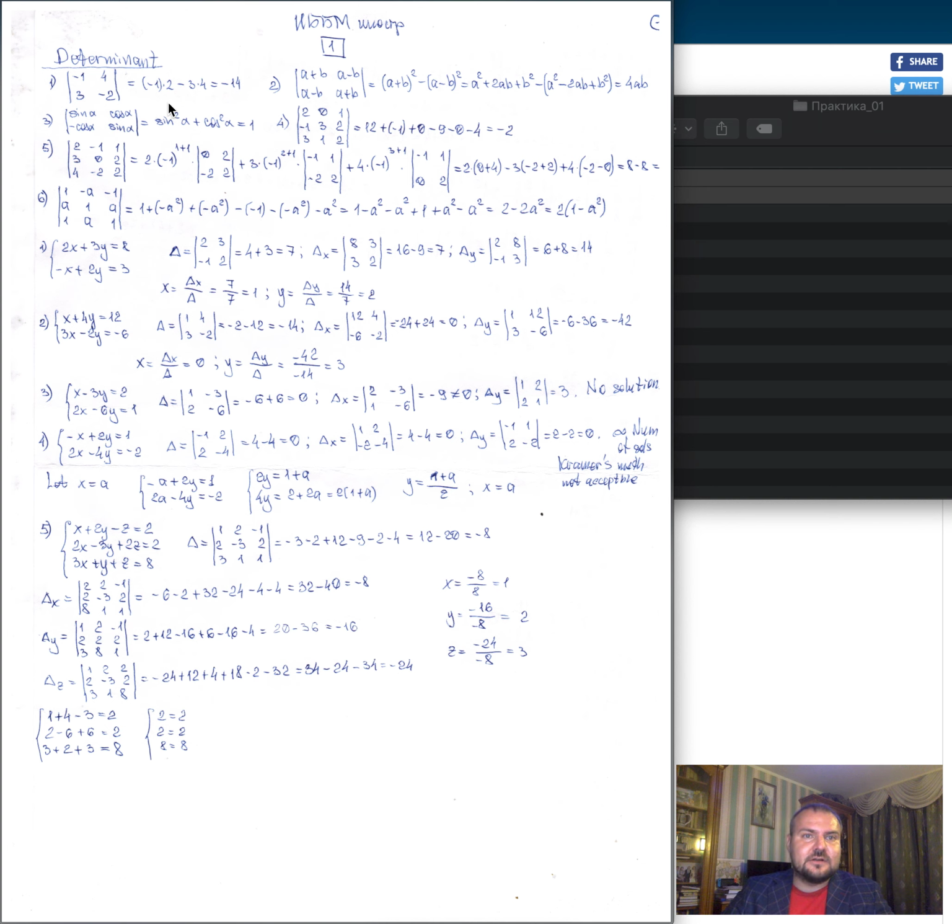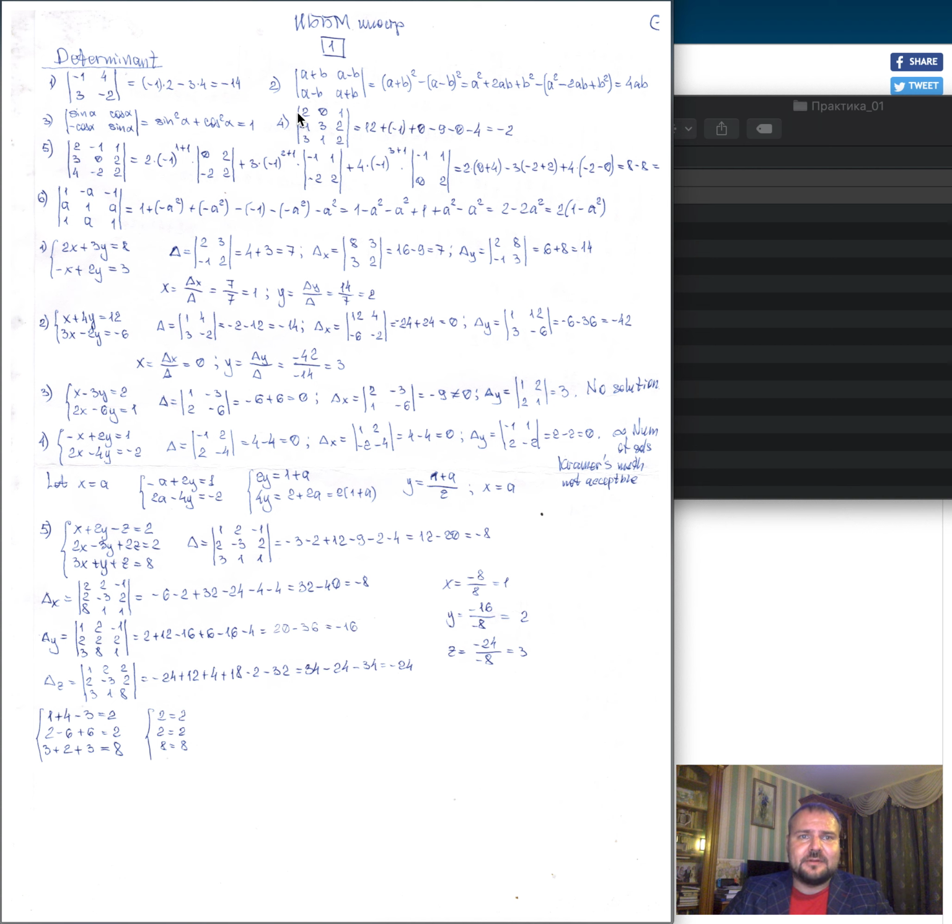So we need to calculate -1 by -2. I see a mistake in the first example. -3 by 4, and so we get some value. No, this is a mistake. I need to multiply by the -2 value.